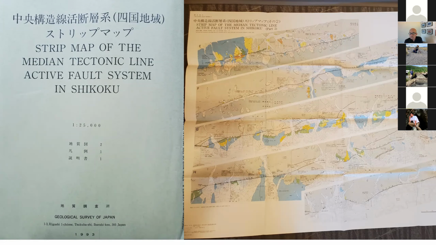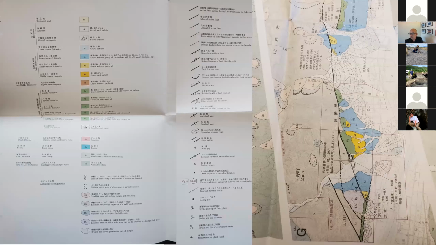I went to my office yesterday, so this was kind of a crappy photograph, but this is a strip map of the Median Tectonic Line, an active fault system in Shikoku in Japan. Japan also had a big campaign to produce active fault maps. And so you see these nice strips here. There's a little bit of geology mapped, but still pretty much only the Quaternary geology. The colors are different, mostly fan-type units.